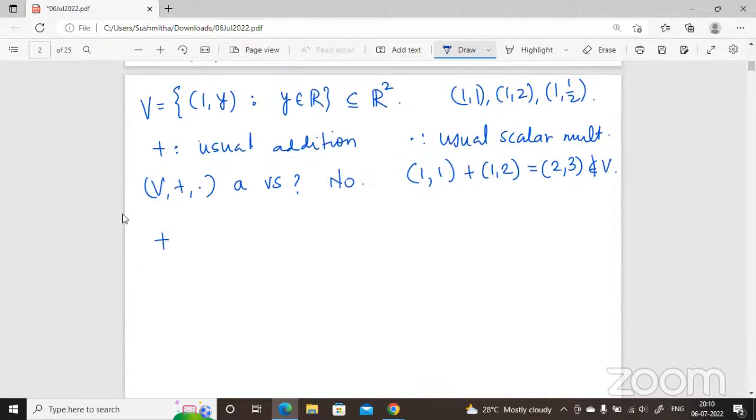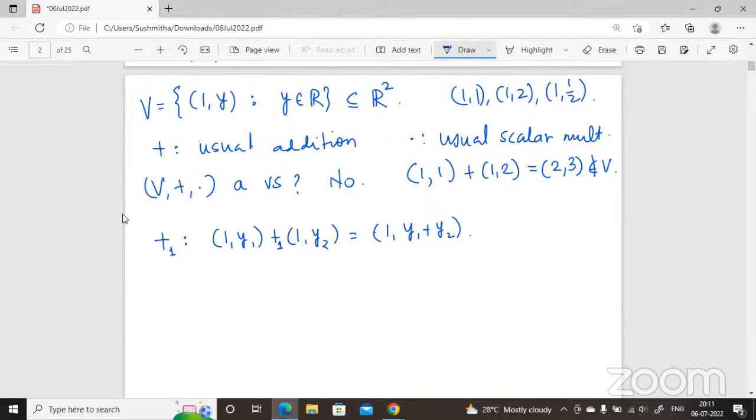Now I'm changing the definition of addition. (1, y1) + (1, y2) = (1, y1 + y2). Let's call this plus 1, where the subscript 1 refers to this different kind of addition.